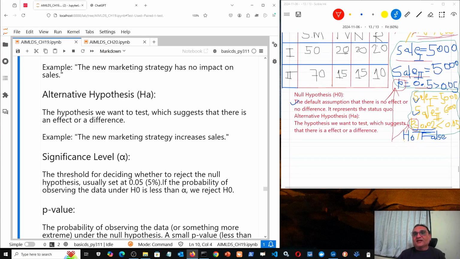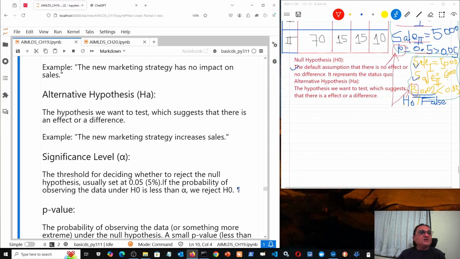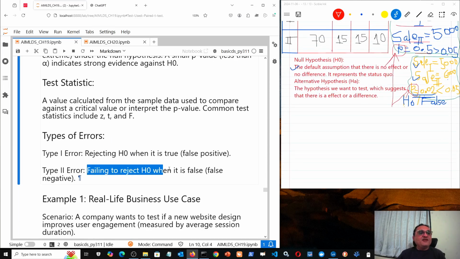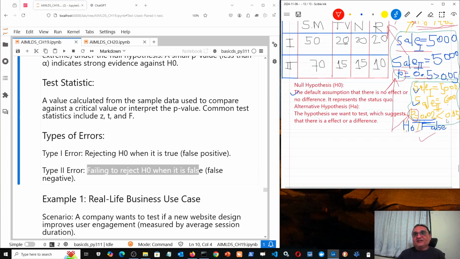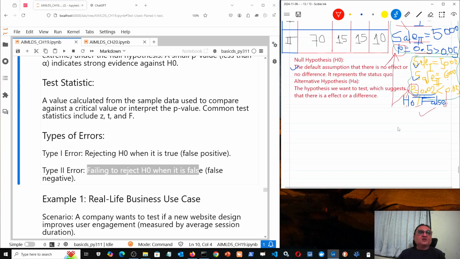So I have to reject the null hypothesis here, but I fail to reject it. If I fail to reject the null hypothesis even though it is false, that is called type 2 error. And if I reject the null hypothesis even though it is true, that is called type 1 error.